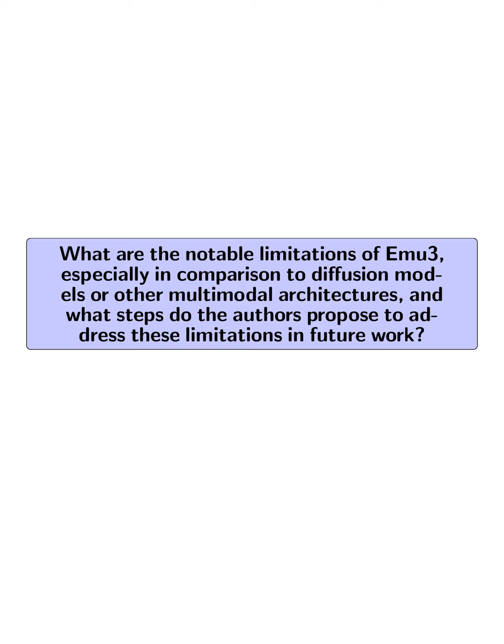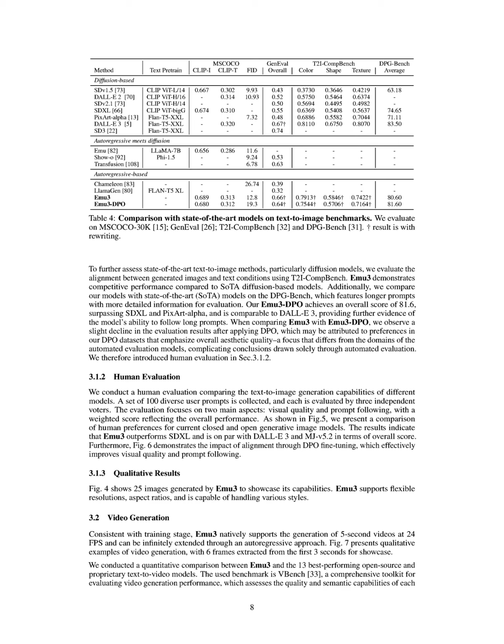What are the notable limitations of Emu3, especially in comparison to diffusion models or other multimodal architectures, and what steps do the authors propose to address these limitations in future work? The notable limitations of Emu3, as highlighted in the paper, include its performance in comparison to the most advanced proprietary models like Kling and Gen3 in video generation, where it falls short despite outperforming many open-source models.